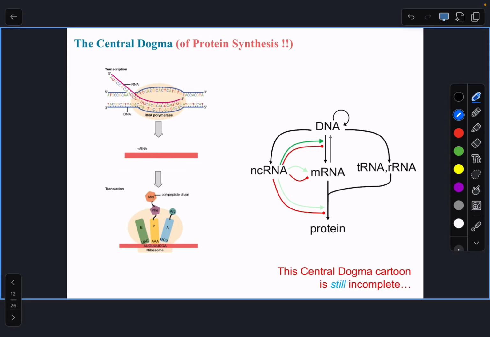So, now we have a slightly more detailed depiction of the central dogma, where DNA is being transcribed into various kinds of RNA, many of which are non-coding. But this central dogma cartoon is still incomplete. And one of the reasons that it is incomplete or slightly misleading is this idea that an mRNA molecule will code for one protein.